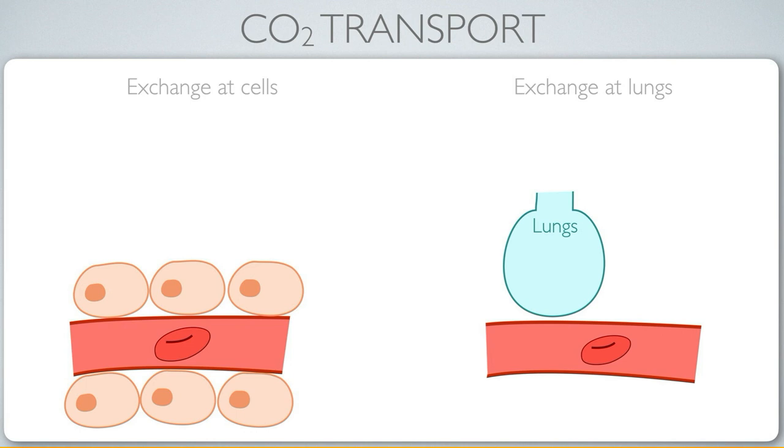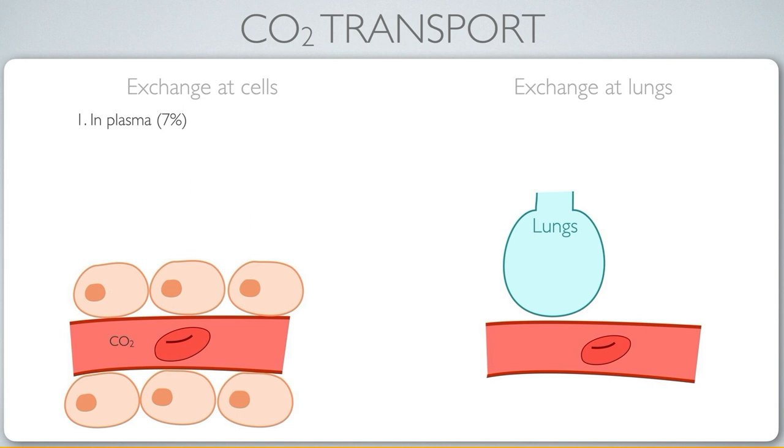Now, CO2, like oxygen, has some low-level capacity to just diffuse into plasma and be transported in the plasma itself. That only accounts for 7% of the transport. Now, when red blood cells encounter cells that need oxygen and release oxygen, then hemoglobin itself can bind CO2.